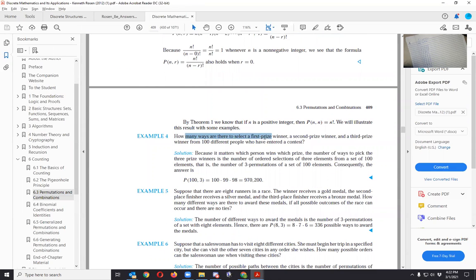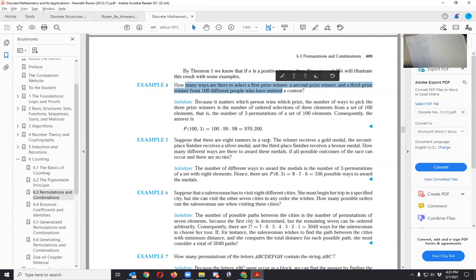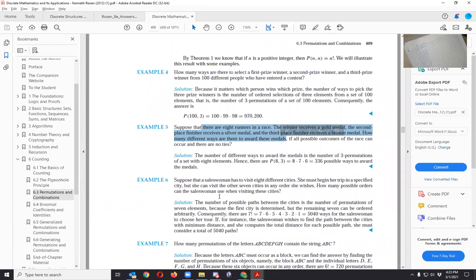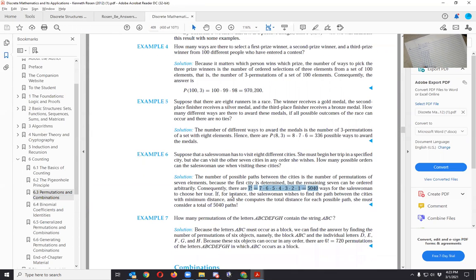A first prize winner. Eight different cities. There we go. She must begin her trip at a specific city and can visit any of the other 7. How many possible orders? Okay, so this one is now going to be 7 factorial. Example 6 is basically the same question.